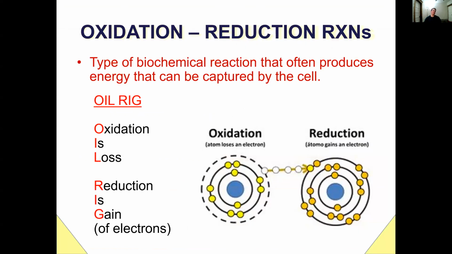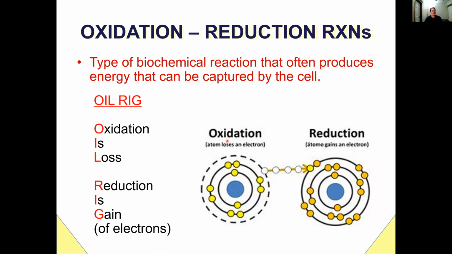So what are oxidation reduction reactions? Essentially, it's a type of biochemical reaction that produces energy that can be captured by the cell. And specifically, there's a very old little acronym, OIL RIG, where oxidation is loss and reduction is gain. This is specifically of electrons.